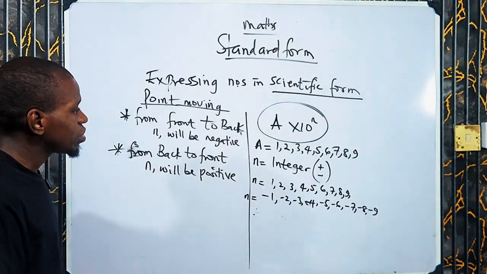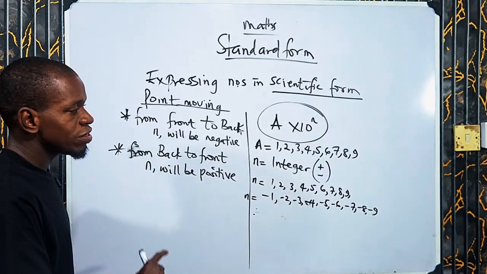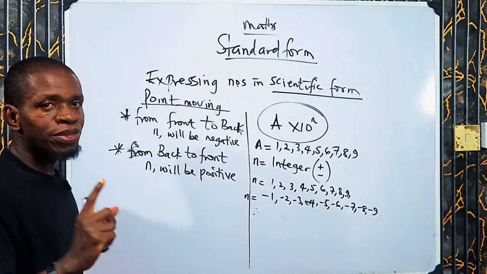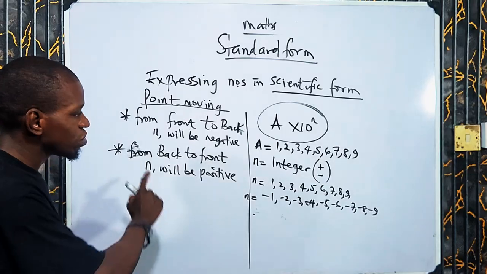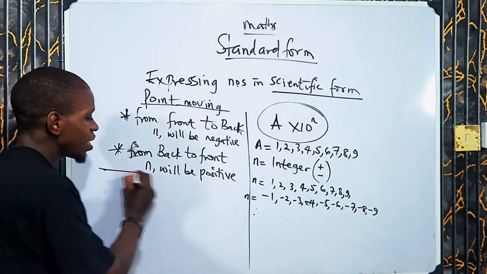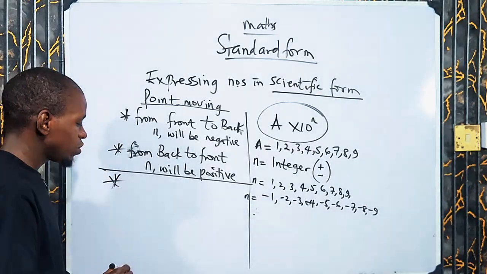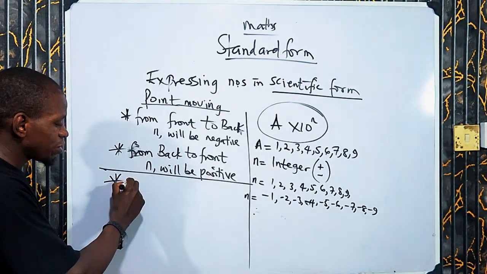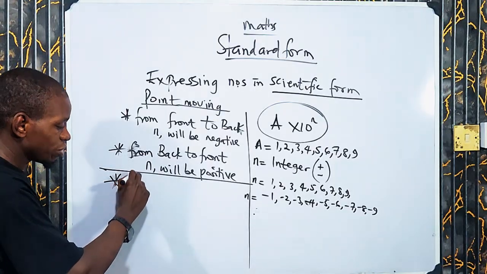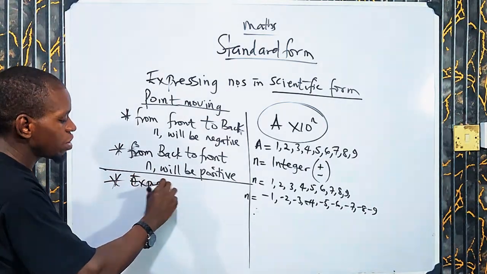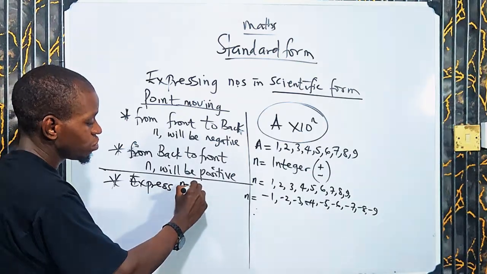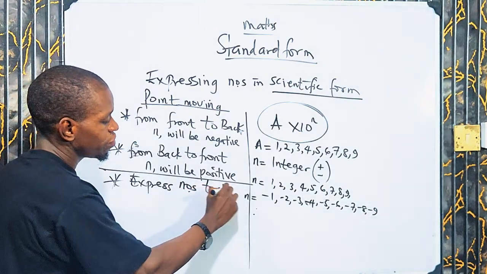So you might be wondering, how do I mean? What I am about to explain now is going to be applicable in two ways. I'll be explaining two things now: how to express numbers, just numbers, to standard form.